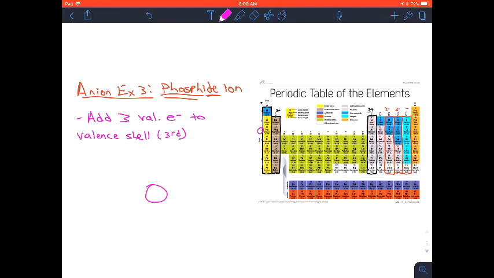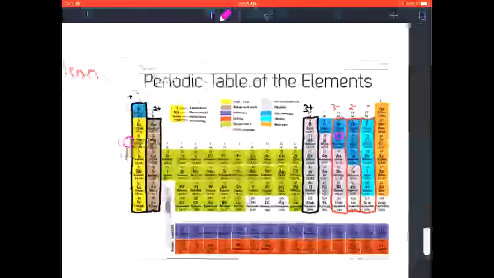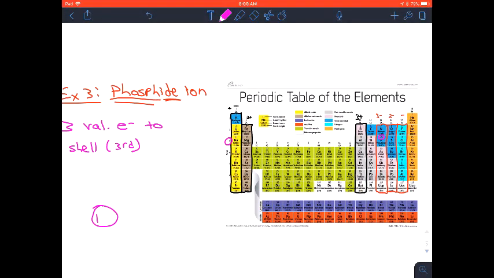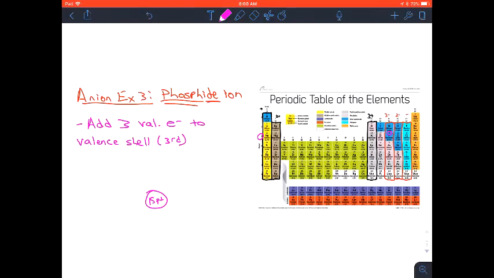We have 15 protons in our nucleus in this case. Okay, as always, we need to count our shells. The first shell has 2 electrons.